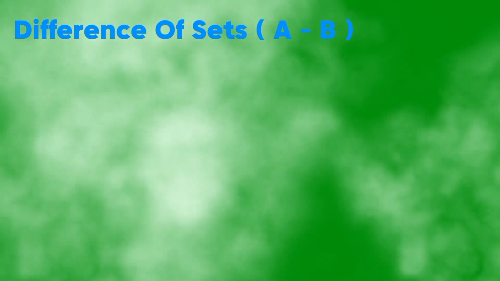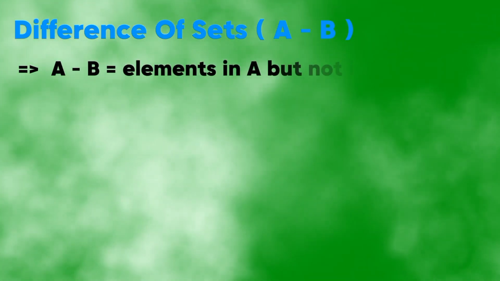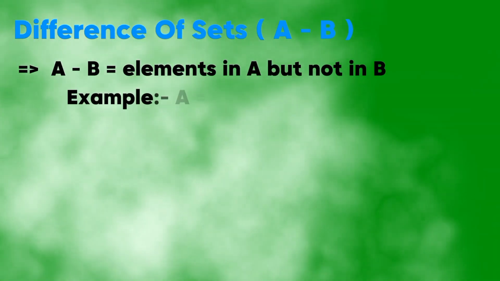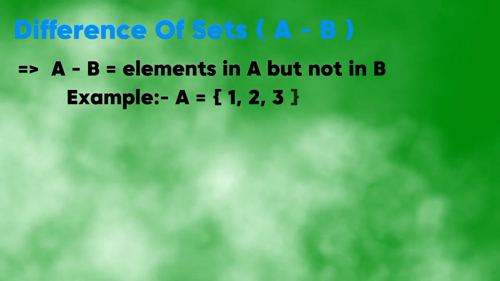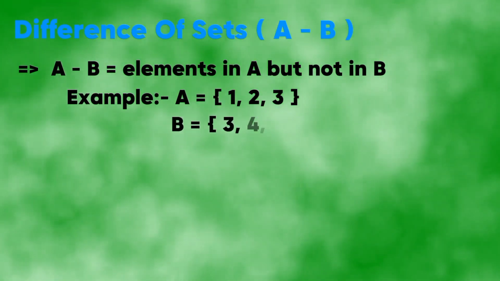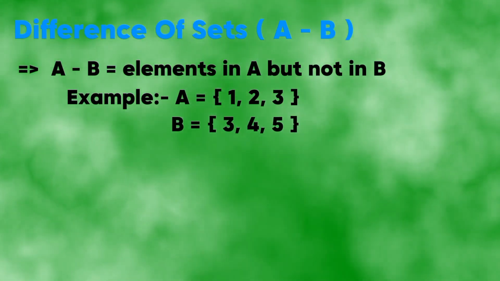Difference of sets, A minus B. Now we move to something very important. The difference of sets: A minus B equals elements in A but not in B. Example. Set A equals {1, 2, 3} and set B equals {3, 4, 5}.